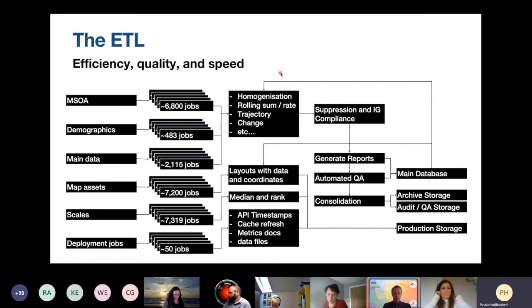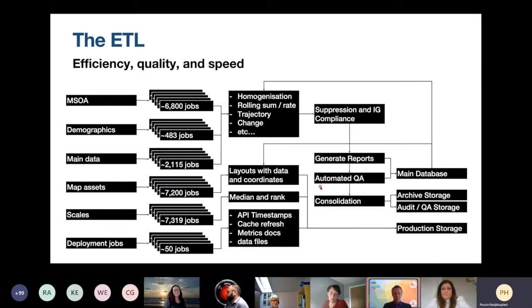So that gets suppressed for privacy reasons. So that kind of thing also happens there. And then we generate daily reports that go to a whole range of different people and different organizations. And that happens probably 10-15 minutes before we release the data every day. So that's very important. In fact, I'll tell you why later.